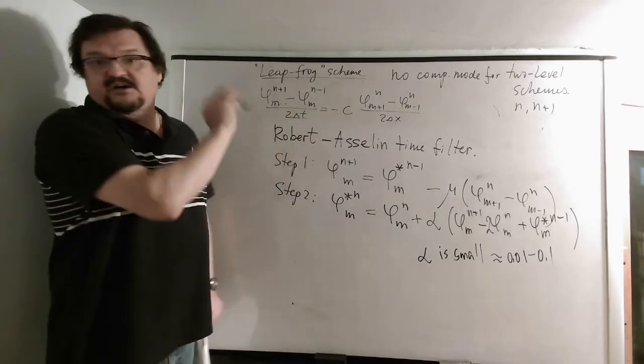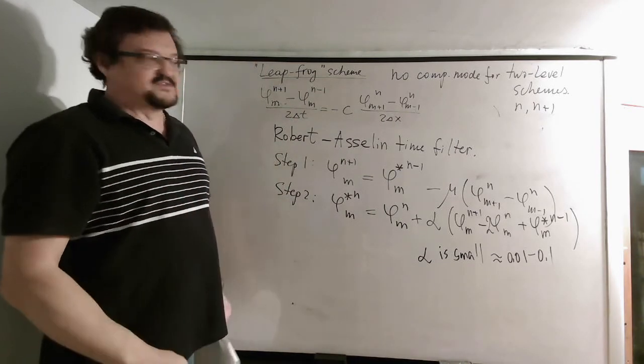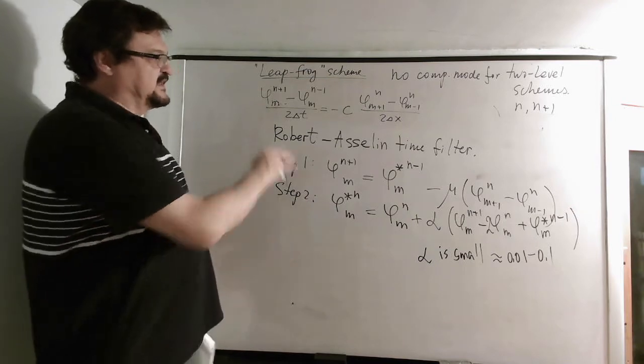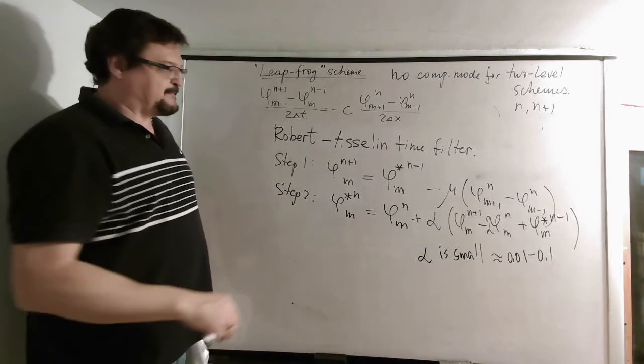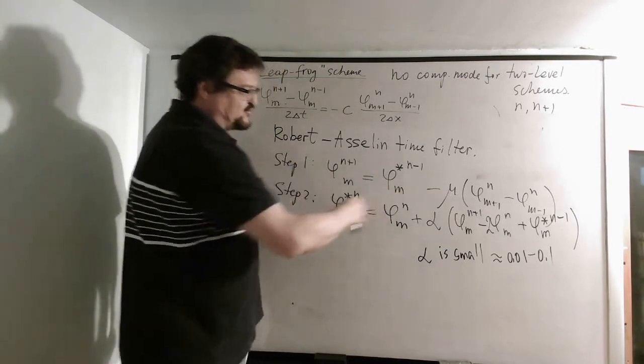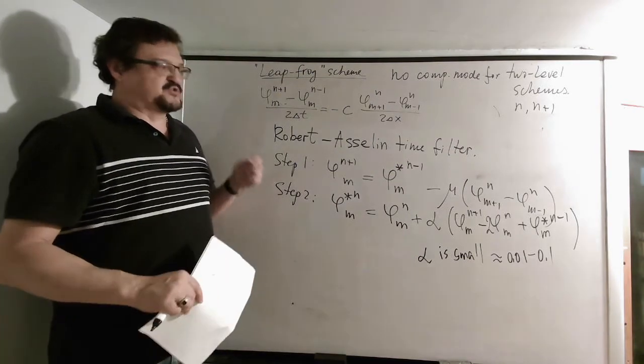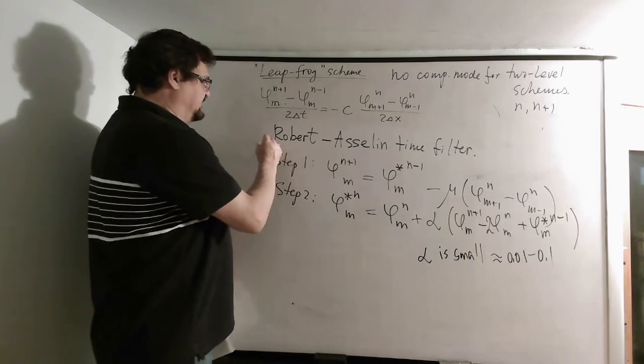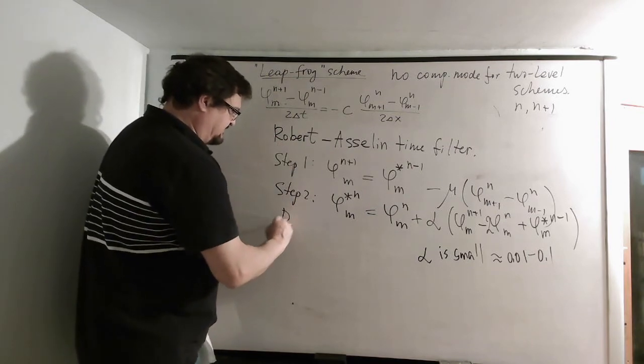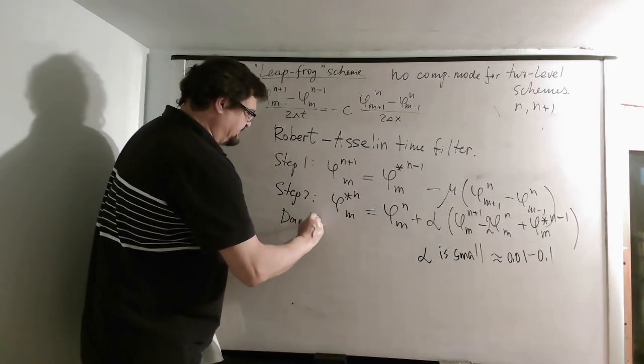But that approach makes this scheme usable. Otherwise, this scheme is completely garbage. You may not use it because it will produce so much noise and some ghost solutions. So this scheme kind of makes sure that you damp this computational mode. This is damping of computational mode.